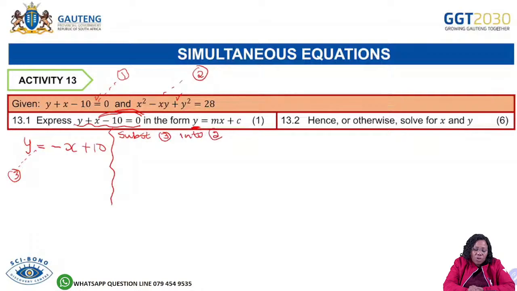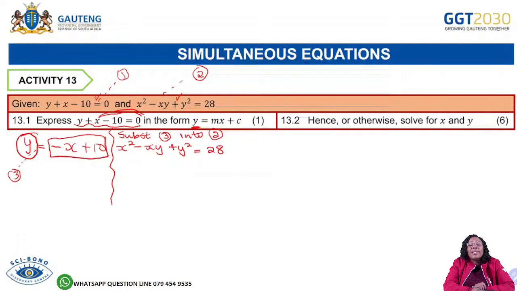That will be equation 2. So you take your linear, you substitute it in the quadratic equation. Our quadratic says x squared minus xy plus y squared is equal to 28. So wherever we have a y, we are going to substitute that with minus x plus 10. We have y there, we have y there. There will be a substitution for y.